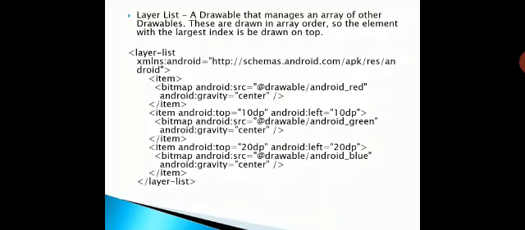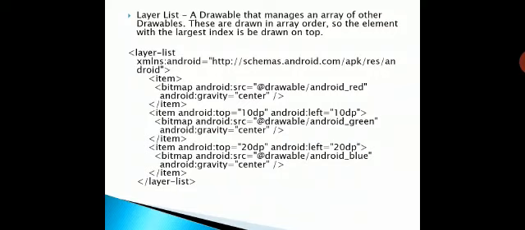For defining a layer list, you use the tag layer-list. In that, you specify where your corresponding drawables are. The first drawable is a bitmap drawable placed in the center.